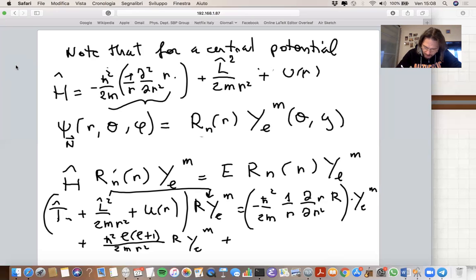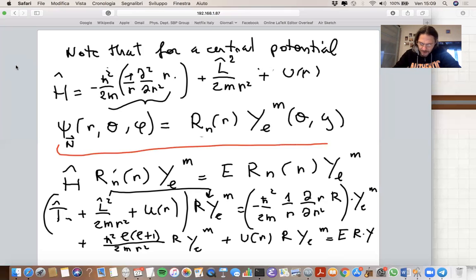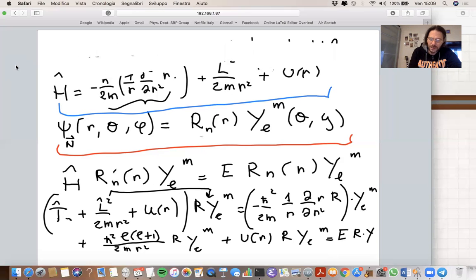Finally, the potential will only be multiplicative. And this will be equal to the total energy times r times Y. So, in essence, after taking this ansatz, plugging it into this Hamiltonian, and simply following the consequences of this, we arrive at the following equation.